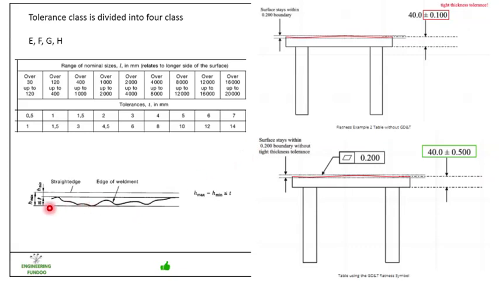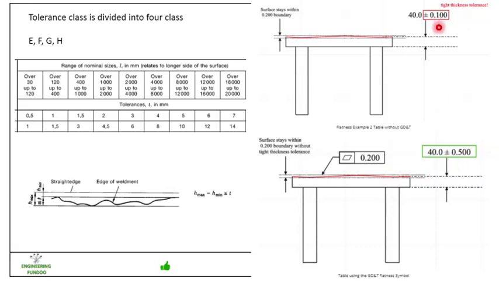So here you can see for flatness, H max minus H min should be less than or equal to T. Now let's see, this is the table, and you can see the surface stays within a 0.2 mm boundary. This is the flatness. When we apply the flatness symbol here with 0.2 mm tolerance, it means the surface should lie within 0.2 mm, and here you can see the dimension is 40 mm plus or minus 0.5.